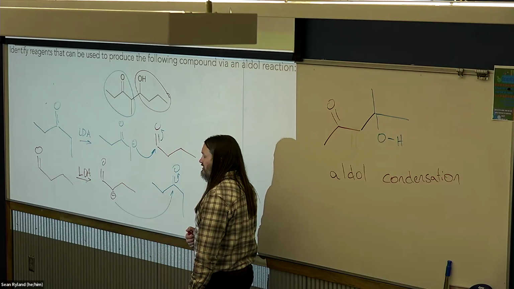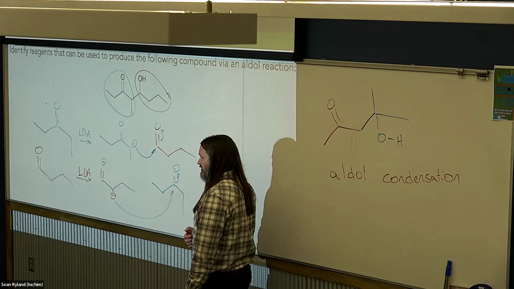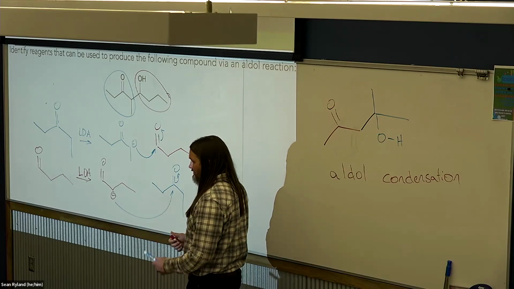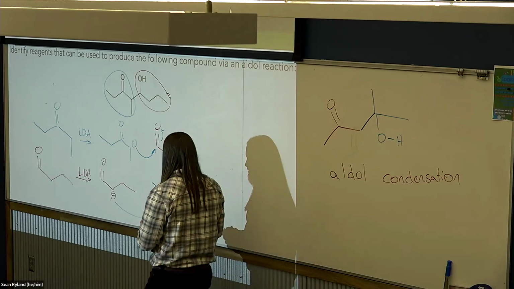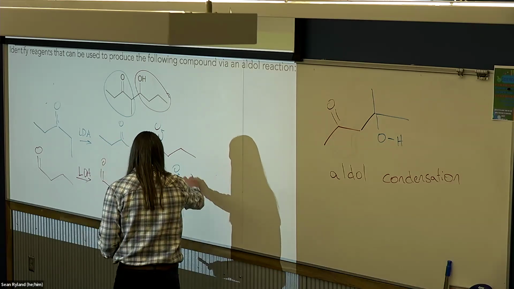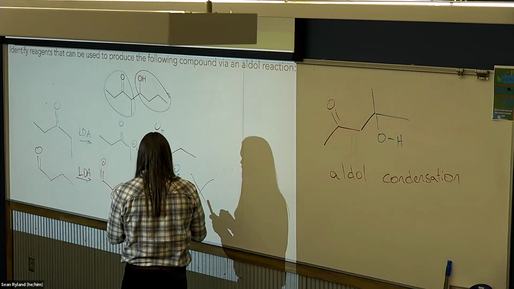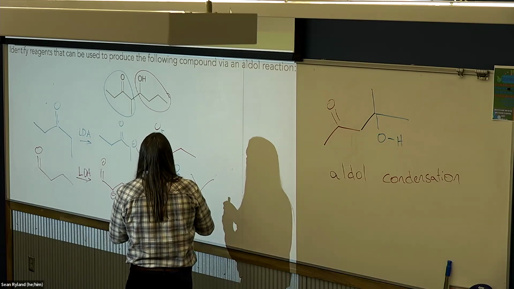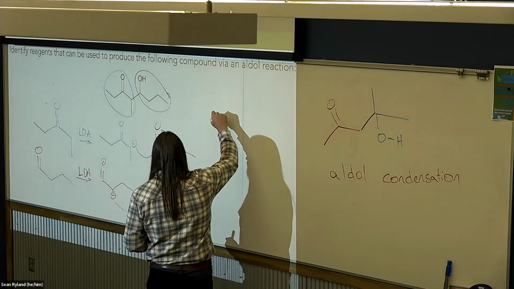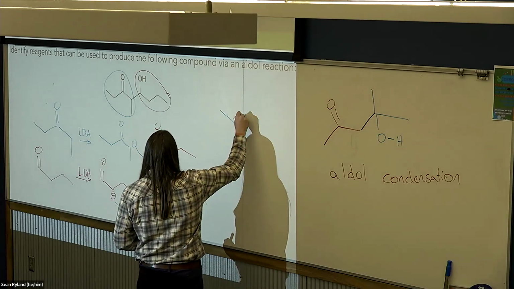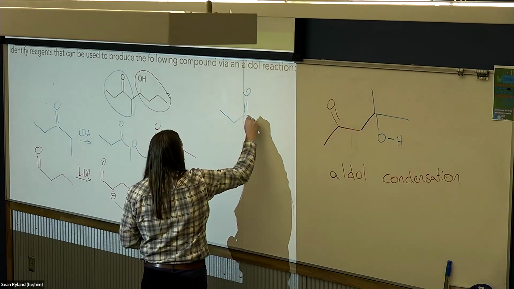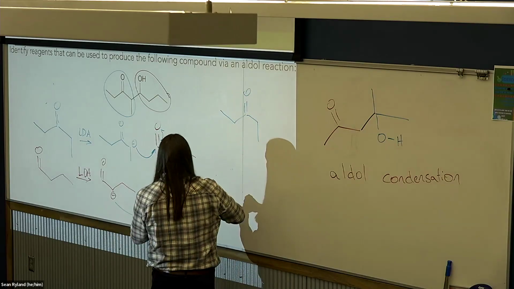We don't want the blue one to be the OH at the end. We want the red one to be the OH at the end. So we don't want that one. Then our next intermediate, I should say, is gonna look like this.